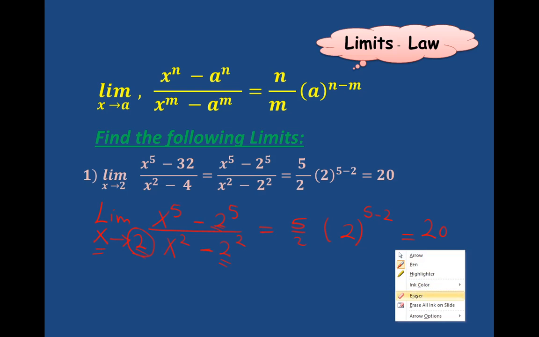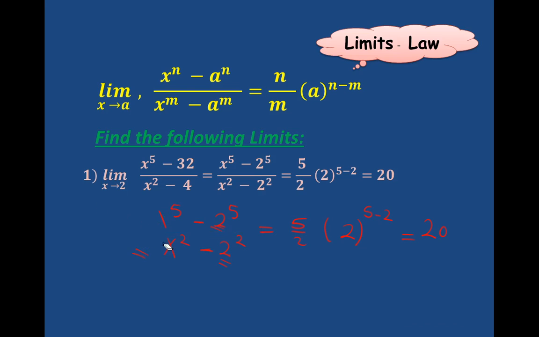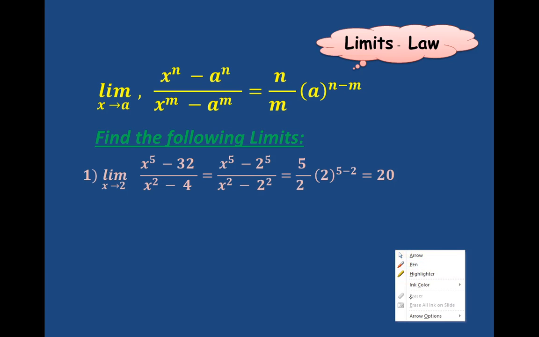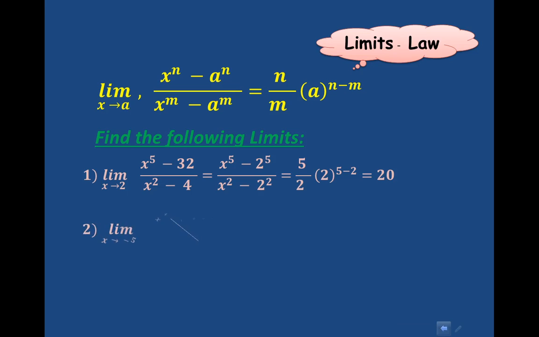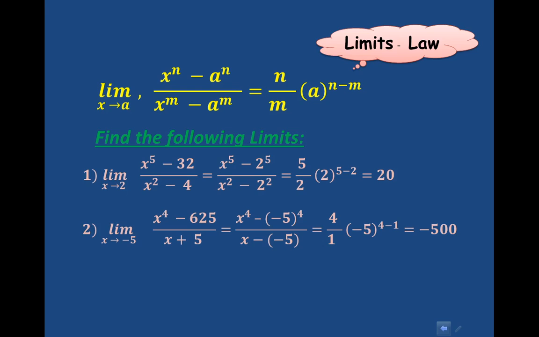Another problem. Problem number 2: limit when x tends to negative 5 of x power 4 minus 625 over x plus 5.